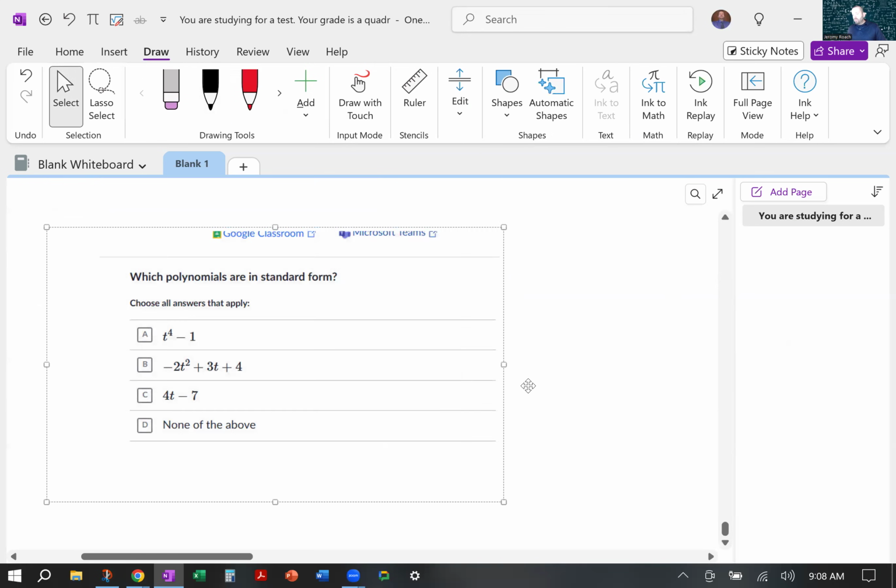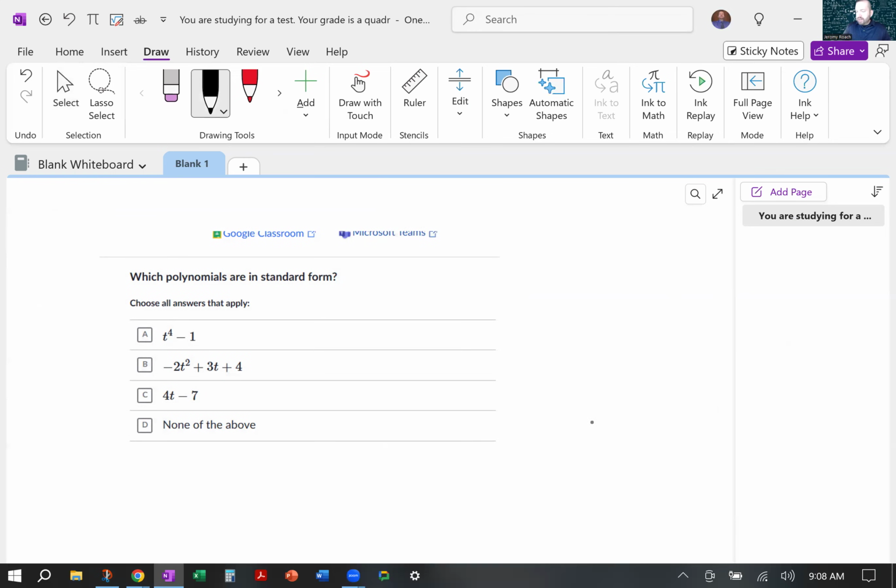An example of standard form is B. Our squared term is the biggest, with the highest exponent. The to the power of 1 term is next, and then the constant is the last one. For C, the highest term is t to the 1, and then our constant. So that one's standard form.